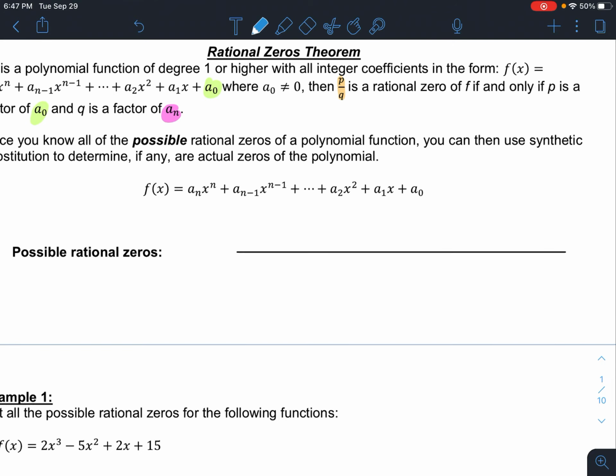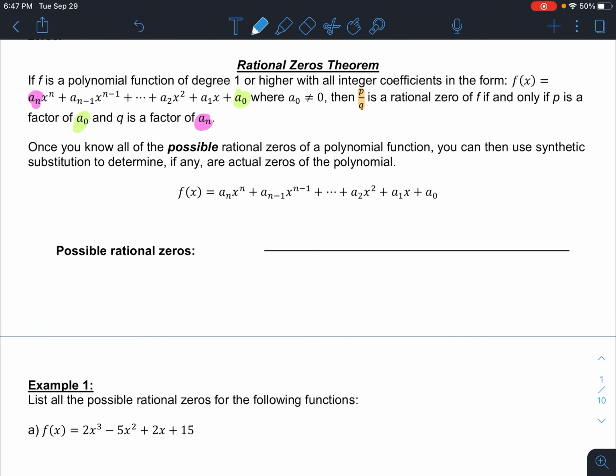So possible rational zeros are going to be factors of A sub 0, which is our constant, divided by the factors of A sub n, which is our leading coefficient. So constant over leading coefficient.